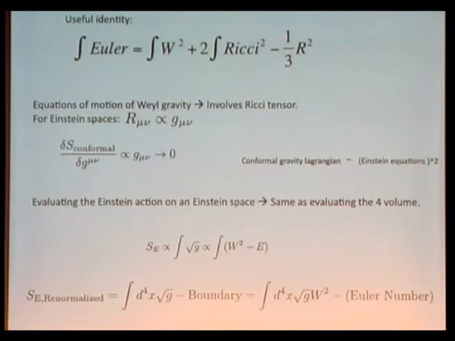But it turns out that these terms we are subtracting are precisely the same as the ones that we need to add here to the Euler density to make it into a full topological invariant, the Euler number. And so the renormalized action is equal to the action of Weyl up to something that depends only on the topology of the full space.